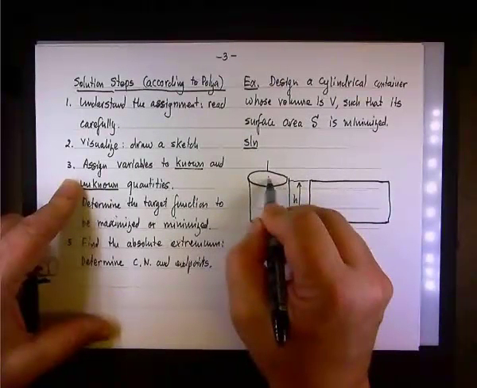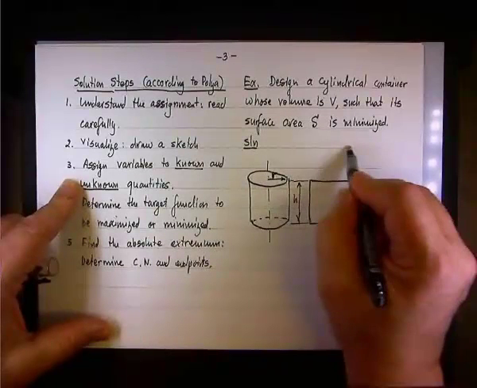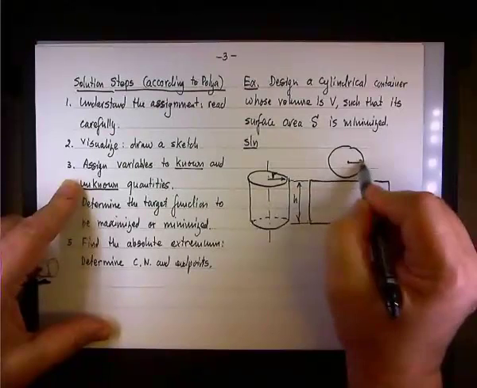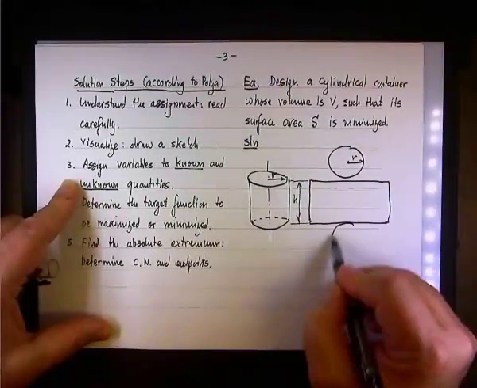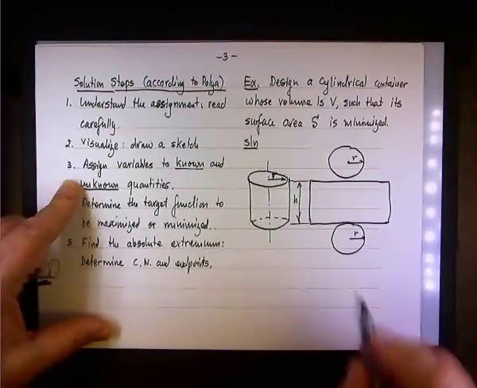And then let's say this is R, the radius of the cylinder. And now on top, you have a circle with the radius R, and you have the same thing at the bottom. That's how you make a cylinder, okay?